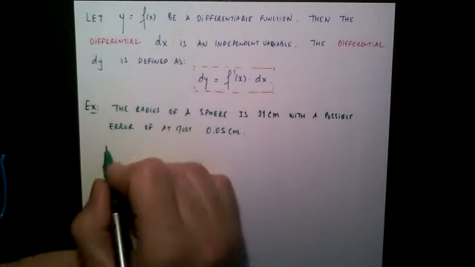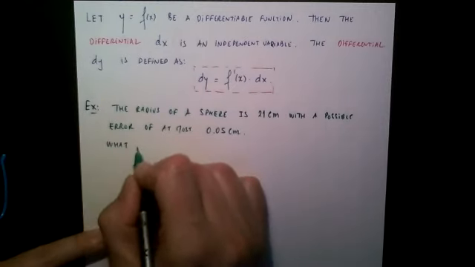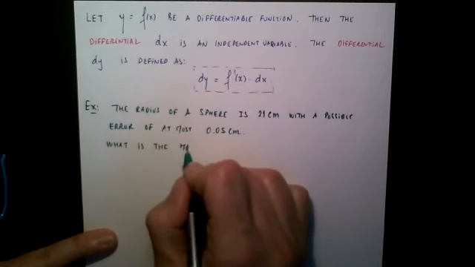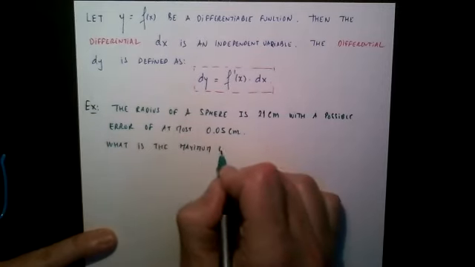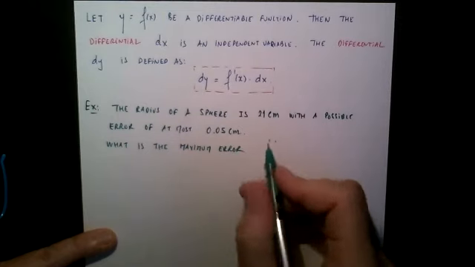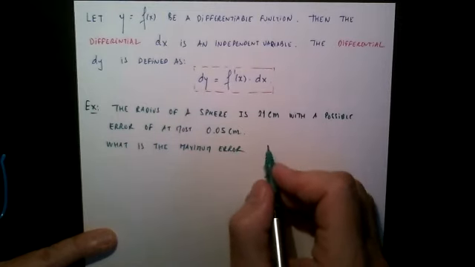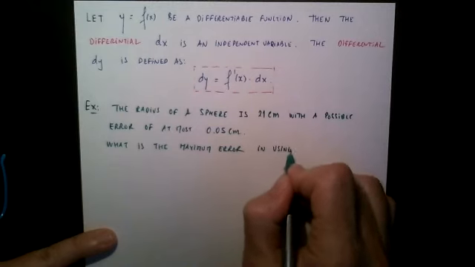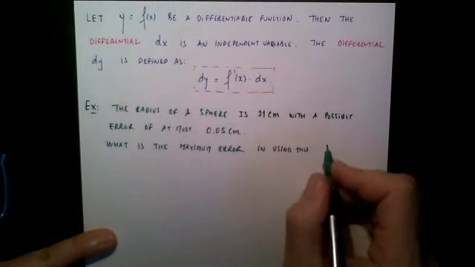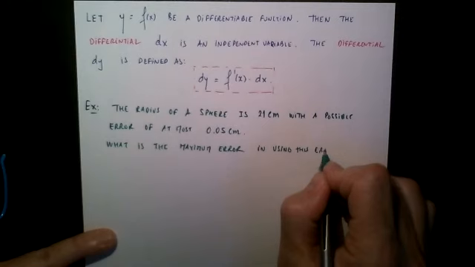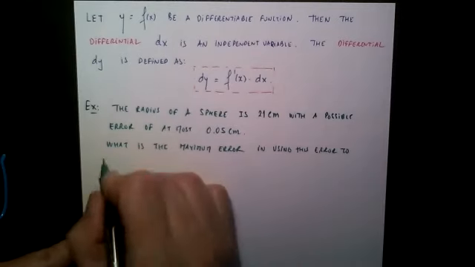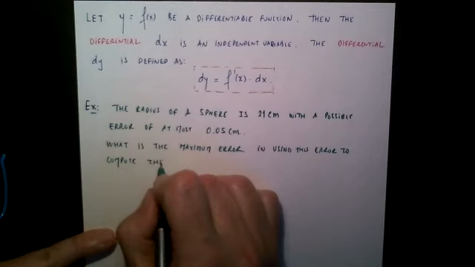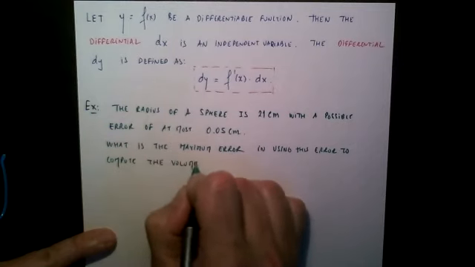Okay, so the question is, what is the maximum error in using this error to compute the volume of the sphere?